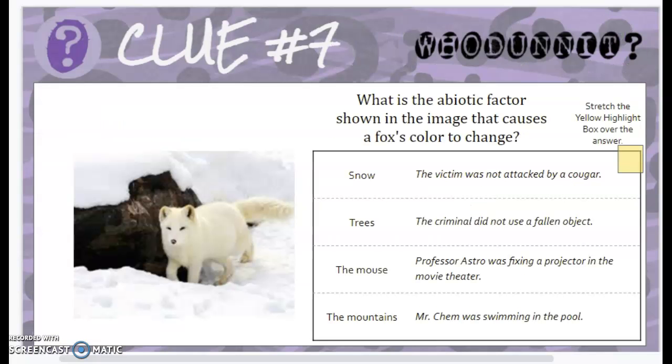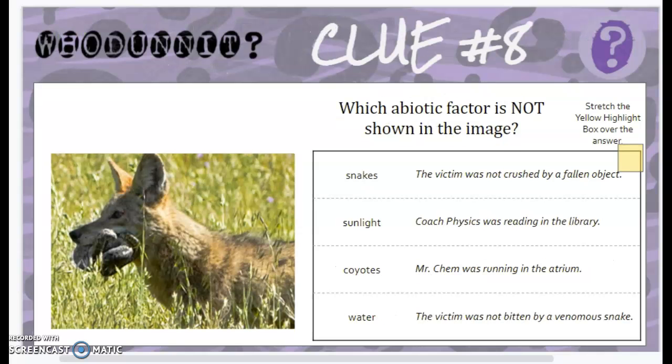What is the abiotic factor shown in the image that causes a fox's color to change? Snow, trees, the mouse, the mountains. Which abiotic factor is not shown in the image? Snakes, sunlight, coyotes, water.